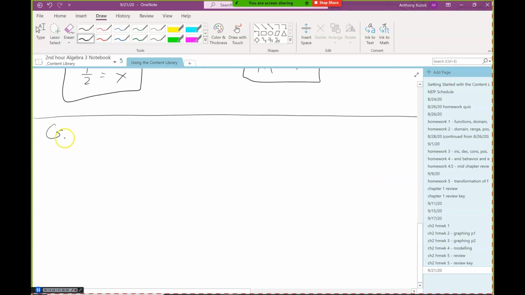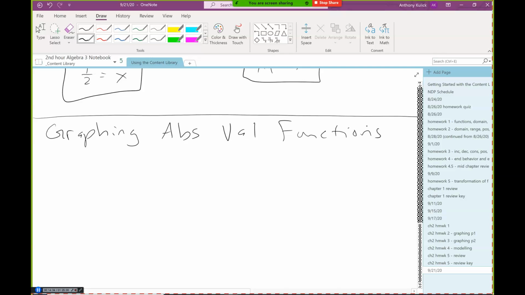So today we're going to start talking about absolute value. And we're going to start this by referencing some stuff that had happened last chapter.